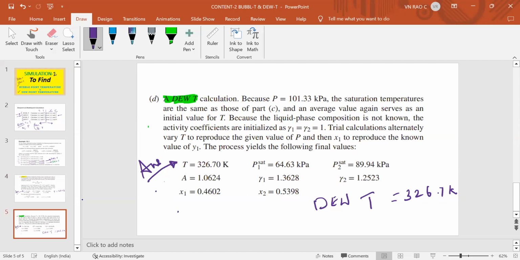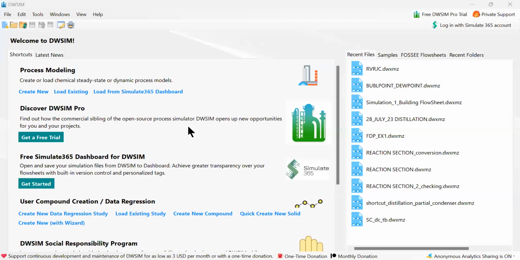Now let us go to another screen of DWSIM, which I've already kept open. This is the DWSIM window.